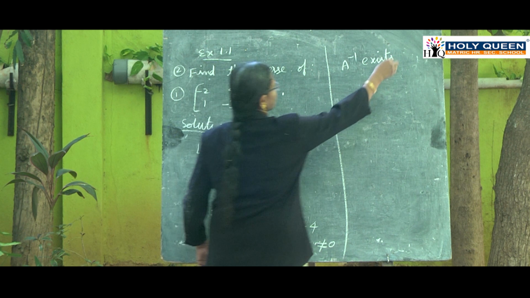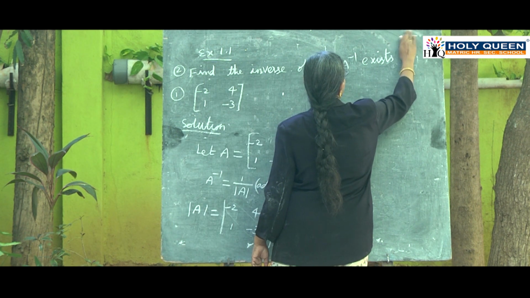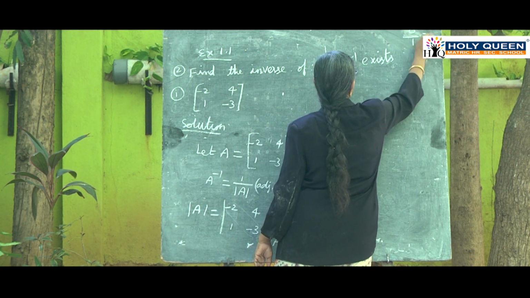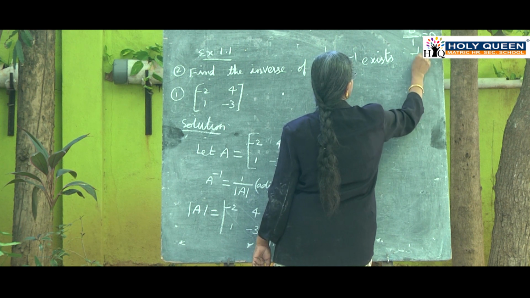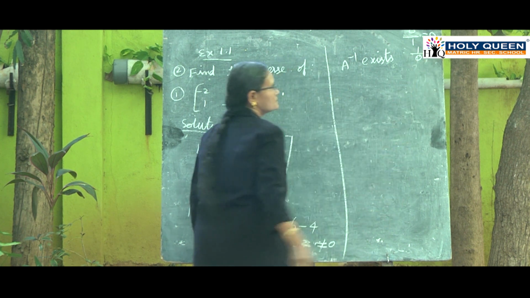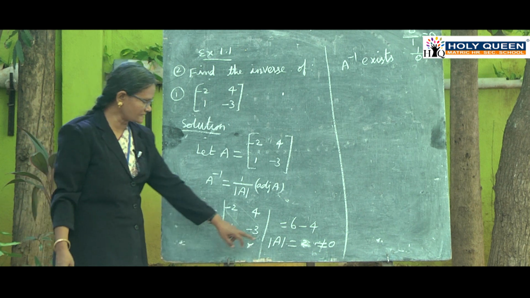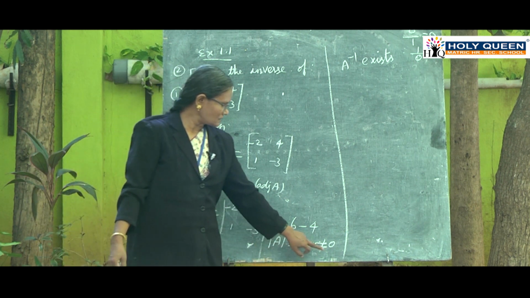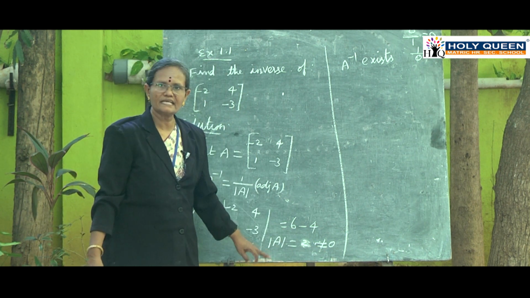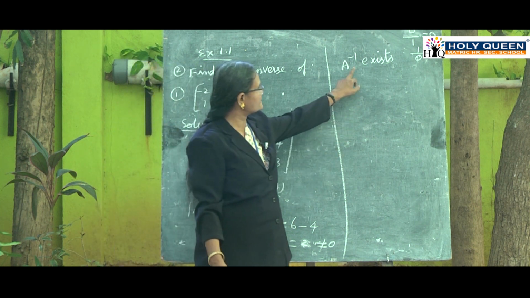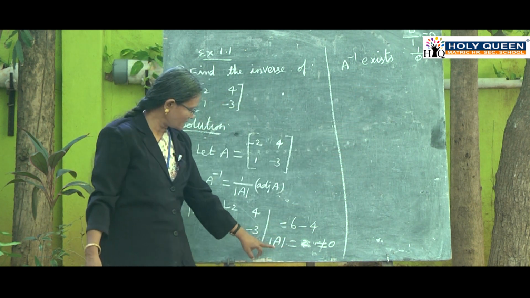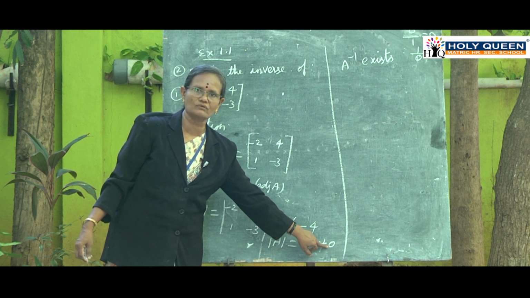See, 1 divided by 0 is infinity, undefined. So for that reason, determinant value equal to 0 means A inverse does not exist. Here A inverse exists because the determinant value of A is not equal to 0.